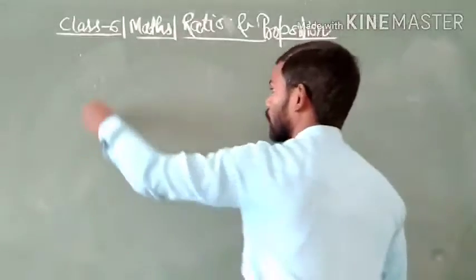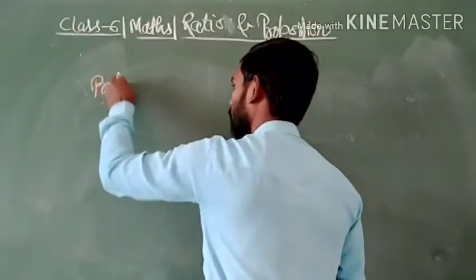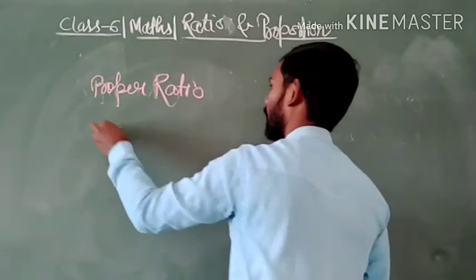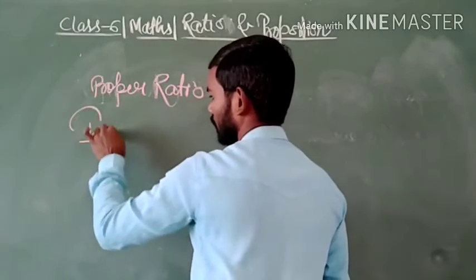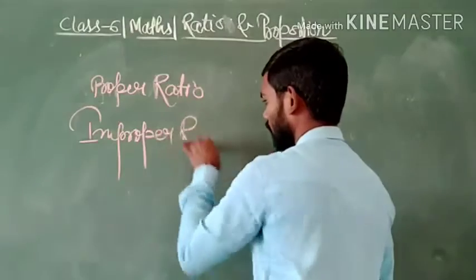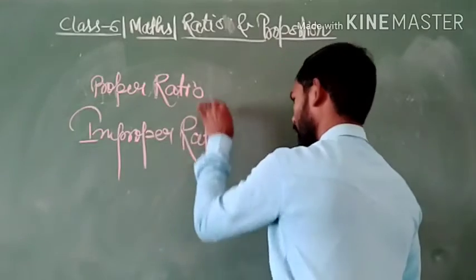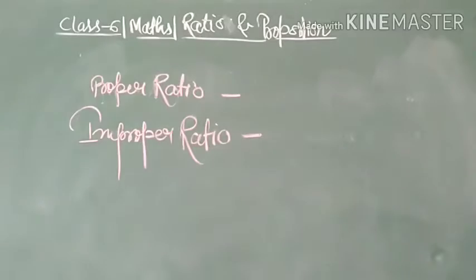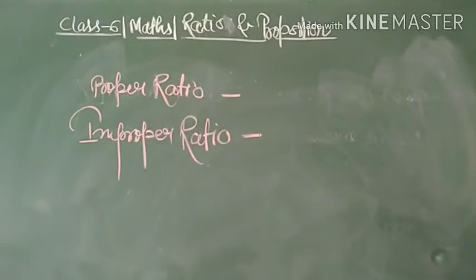The first is called proper ratio, and the other is called improper ratio. Okay. Now let us see what is the proper ratio.